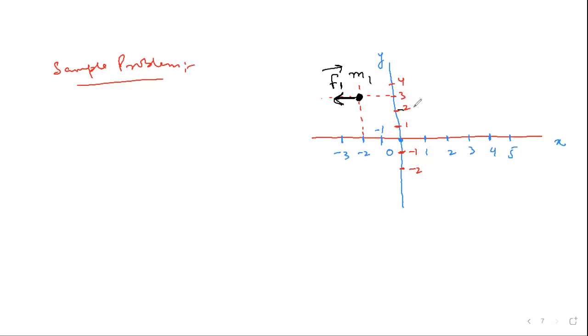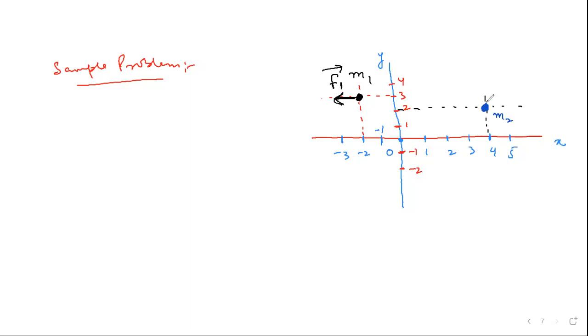Then I have M2 located at 4, 2. So I have another particle at x equal to 4 and y equal to 2. This is the particle M2.